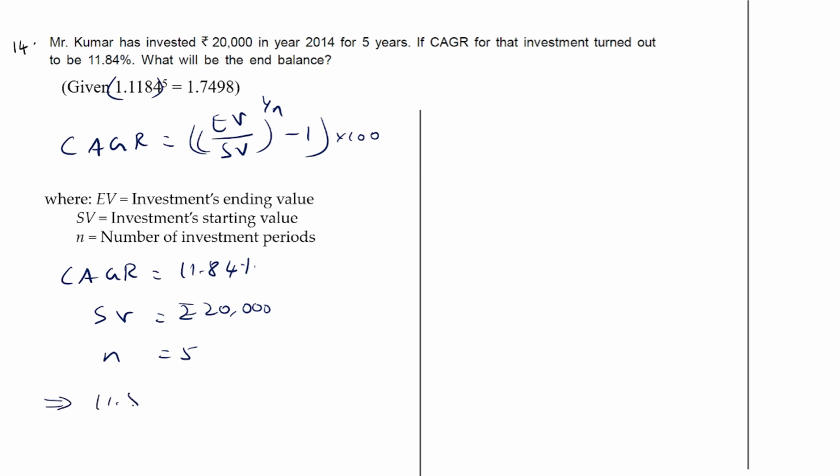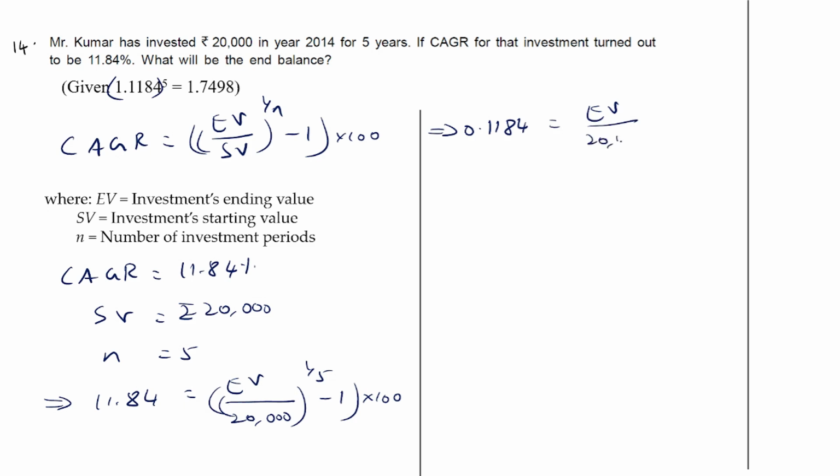This implies 11.84 equal to ending value upon 20,000, the whole raised to 1 by 5 minus 1 into 100. If we divide both sides by 100, here we will get 0.1184 equal to ending value upon 20,000 whole raised to 1 by 5 minus 1, or it is 1.1184, which is equal to ending value upon 20,000 the whole raised to 1 by 5.